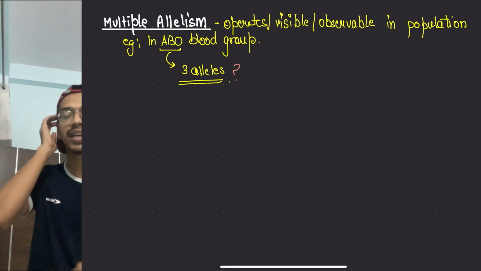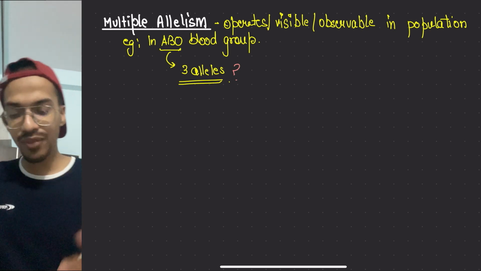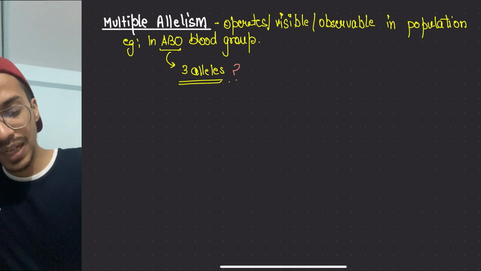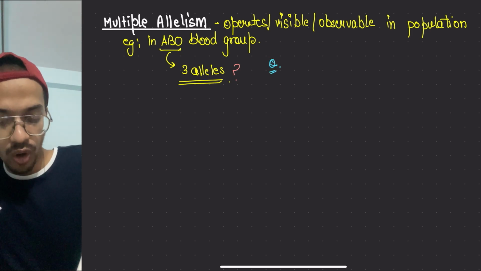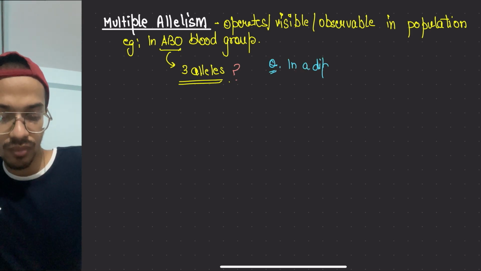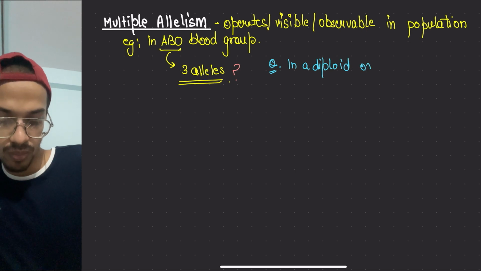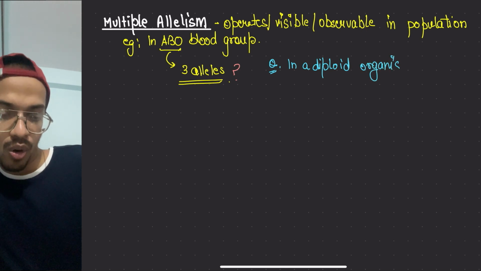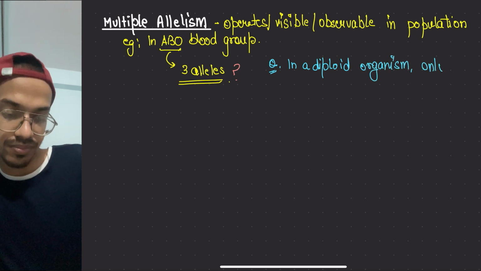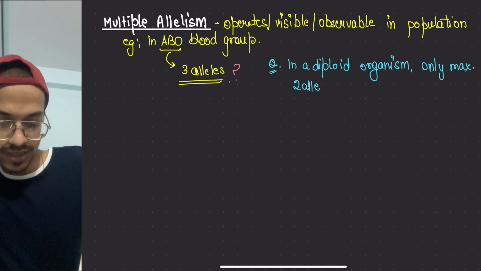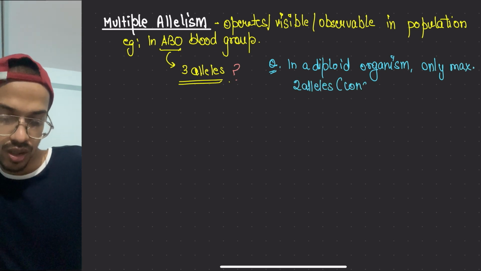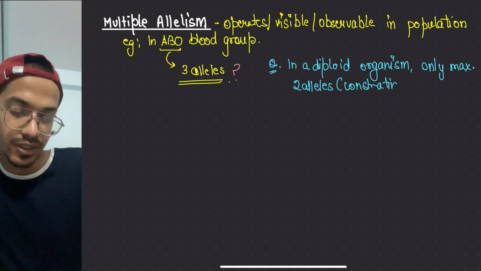So the question that would be framed to you is: in a diploid organism, only a maximum of two contrasting alleles could be present.